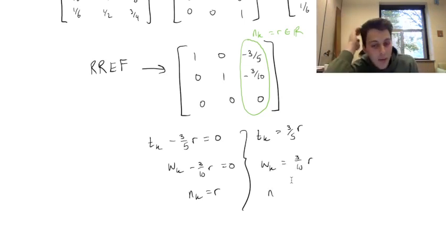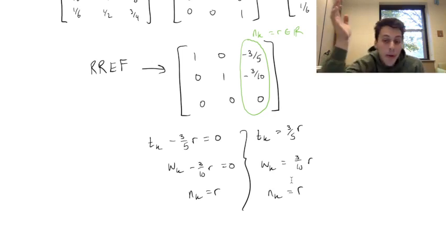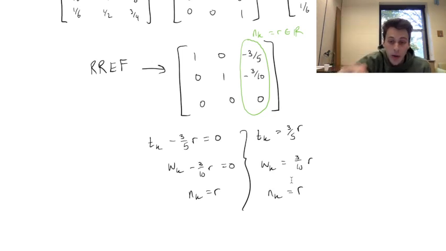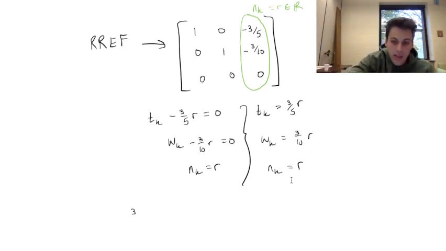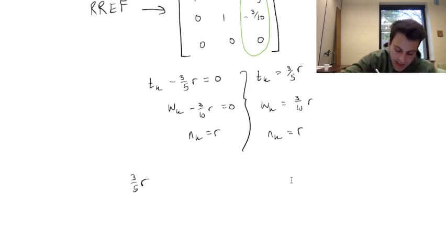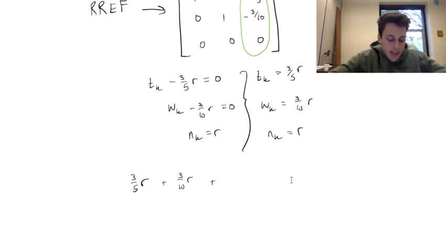well, right now it's saying that we've got infinite solutions, which mathematically might be true for this matrix, but remember, this is a stochastic matrix, right? At least in terms of the Markov chain, this needs to be a probability, this column needs to add to 1. So the probabilities of t, w, and n need to add to 1, which is telling us that 3/5 r plus 3/10 r plus r, all of the probabilities of drinking tequila, water, or nothing at the steady state, still need to add to 1.